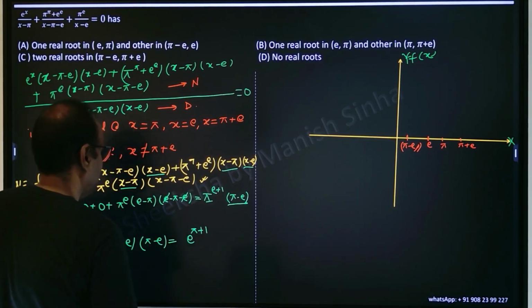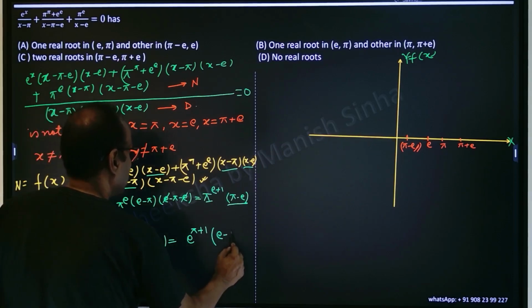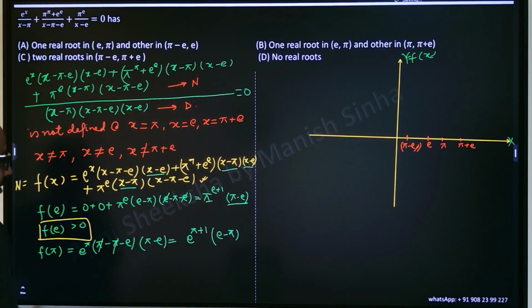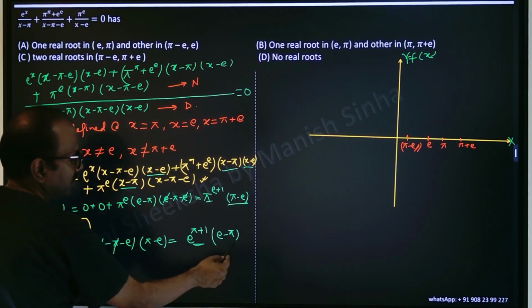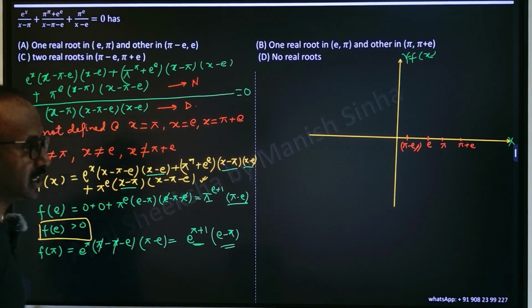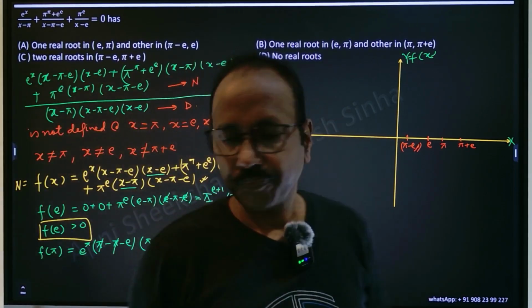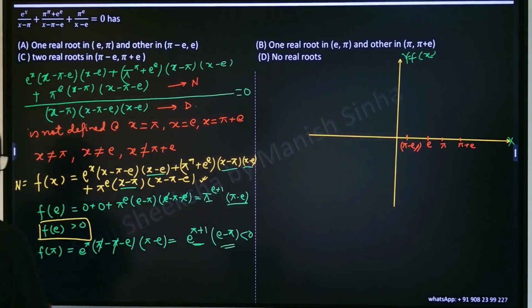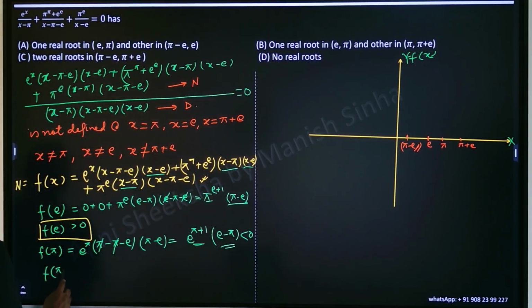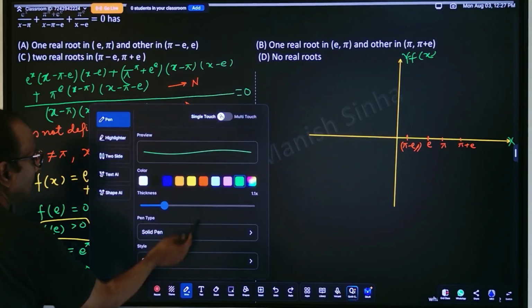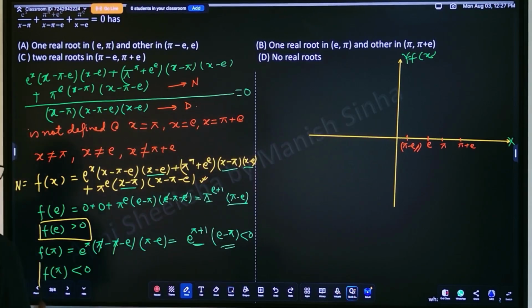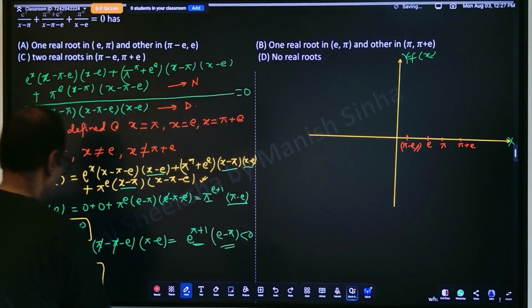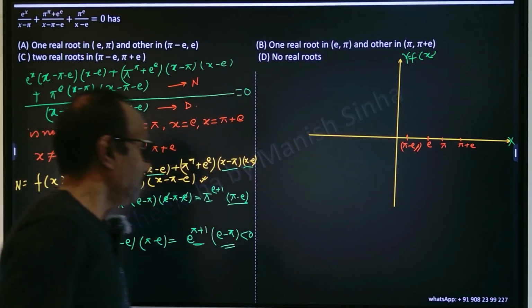And this has become e to the power pi plus 1, and then e minus pi. This one is positive, this one is negative, because e is smaller than pi. So f(pi) will be lesser than 0.